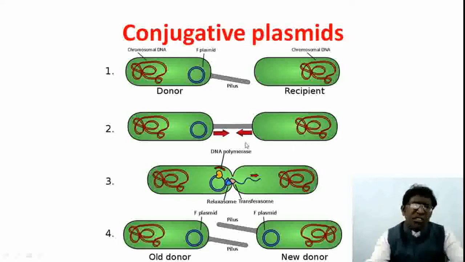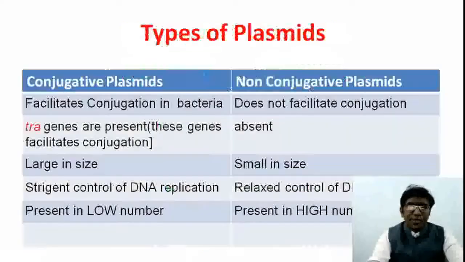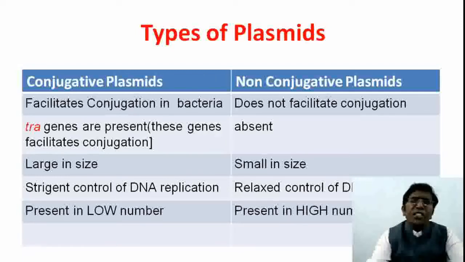This process of exchanging DNA is called conjugation. Some plasmids have the genes for conjugation and they facilitate conjugation in bacteria, and that kind of plasmids are called conjugative plasmids. Whereas the genes that code for conjugation are absent in some plasmids, and such plasmids are called non-conjugative plasmids.